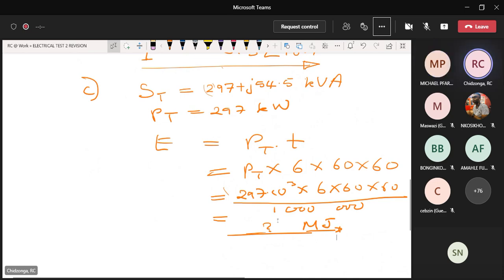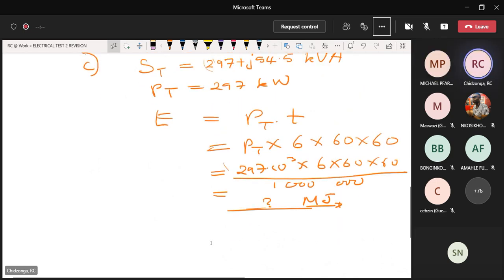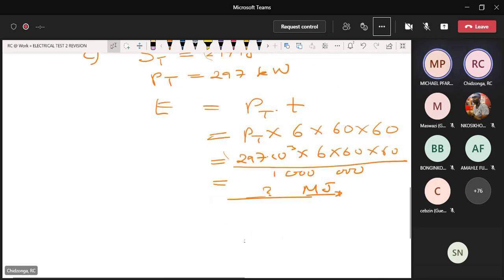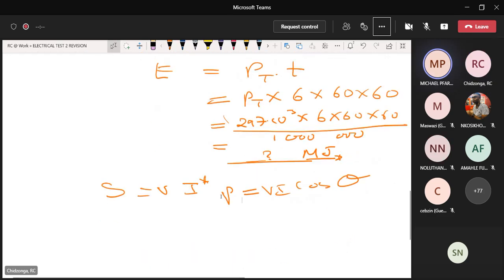What you have just said is not P. The way you have said it, V times I actually is S. If you want power, then you must say it's VI cos theta. That is what will give you P, and it will come back to this number here. Oh, okay, I get it now. Thank you so much. Sure.